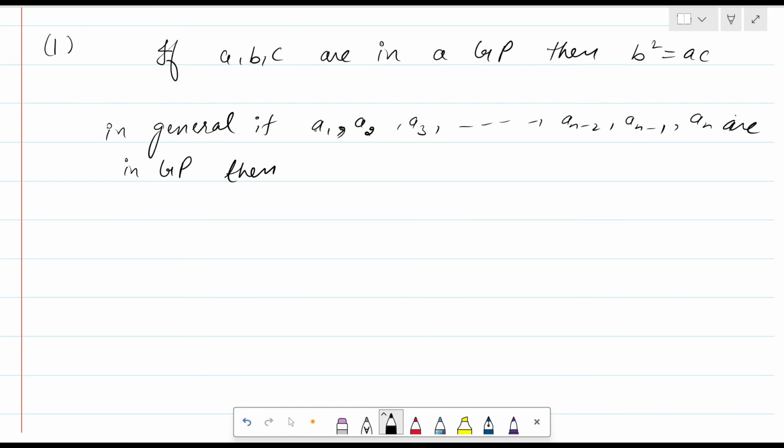In GP we are not talking about addition, so it converts to multiplication. So A1 An is equal to A2 A(n-1), which is equal to A3 A(n-2), and so on. Okay, have you understood this? Now I'm writing another property.